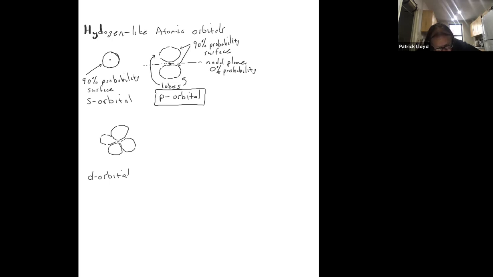Let me quit talking and draw these in. Two nodal planes here. So those are nodal planes. Again, they're three-dimensional. And then this right here is your 90% probability. We're ignoring the 100%.